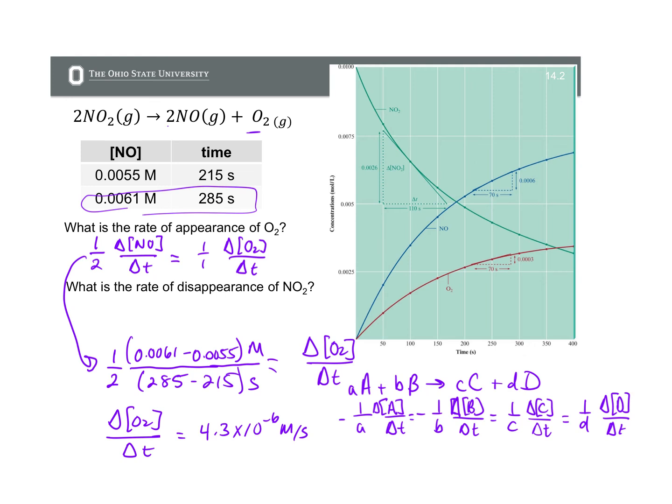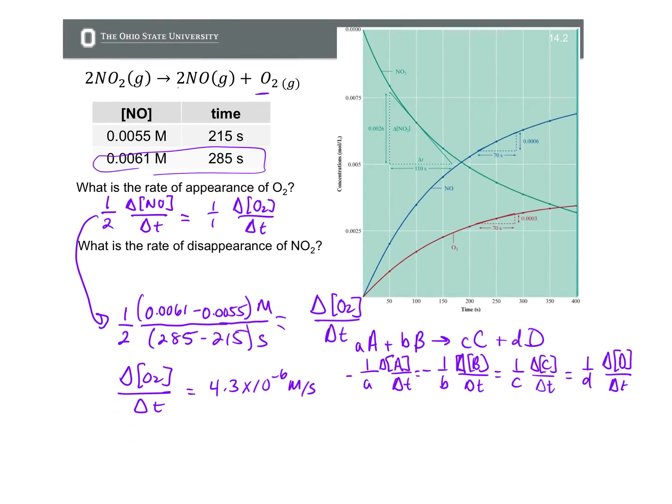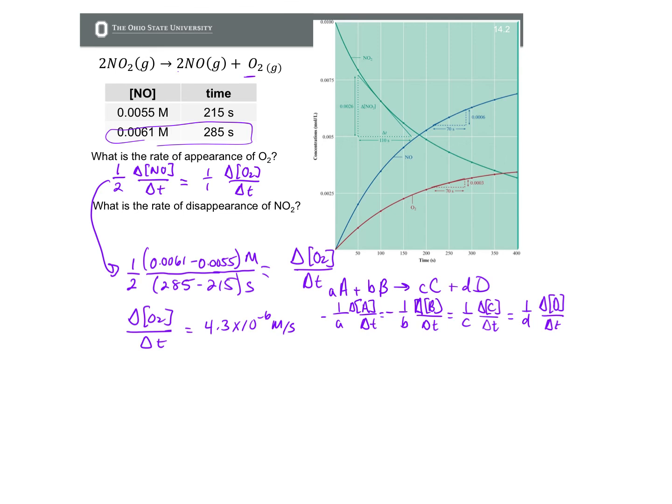Okay. Questions on that? And what about the rate of disappearance of NO2? Okay. Again, we can set up our equation.